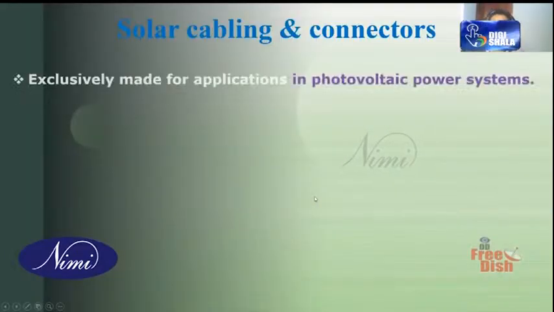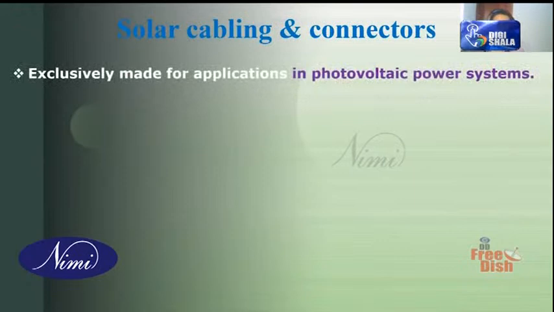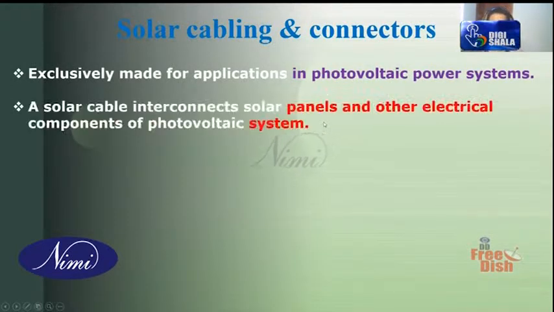Then we see another important part, the solar cabling, wires. AC cables are there, and DC cables are there. Special types of cables are used in the solar PV system. They interconnect the solar panels, so many connections are there.